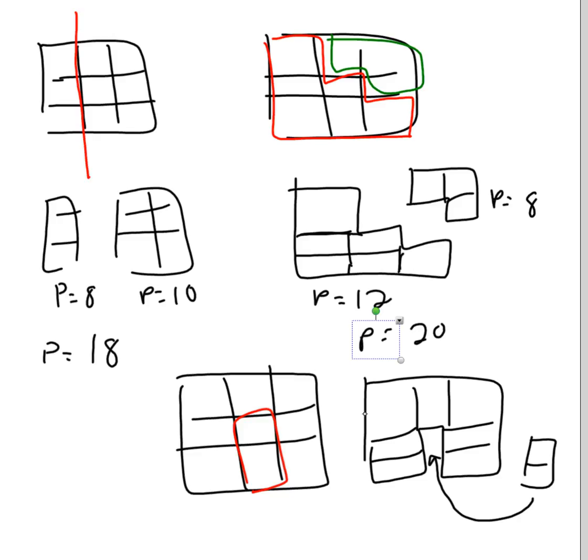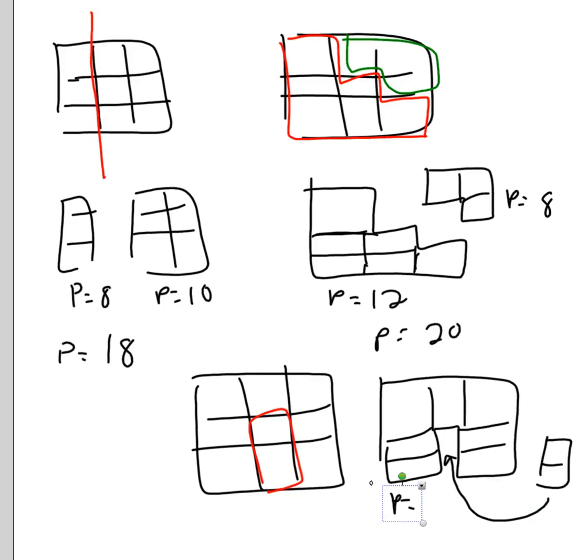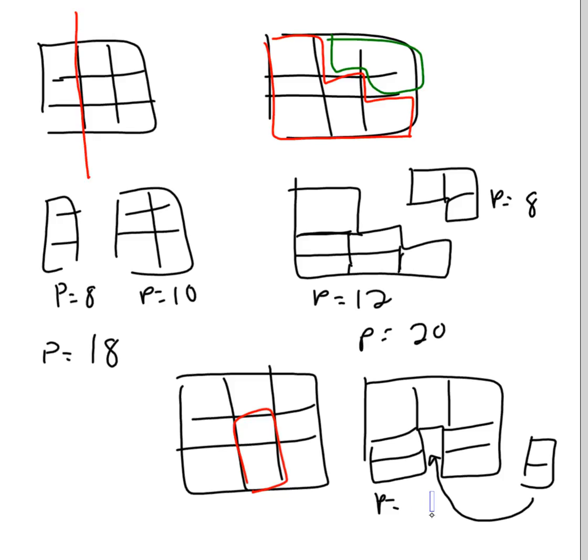Oh, I've messed up. 1, 2, 3, 4, 5, 6, 7, 8, 9, 10, 11, 12, 13, 14, 15, 16. And this one will be 2, 3, 4, 5, 6. And your total will be 22. So that's the biggest perimeter that you can make with cutting it into 2 pieces.